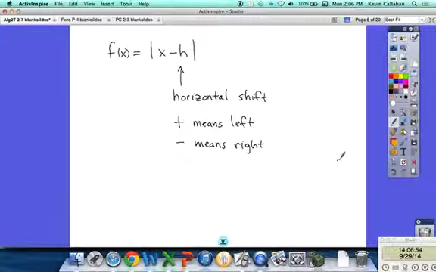Now, if you notice, the way I've written it here, it could get confusing in terms of the sign. But look at the one that we just did. f of x equals the absolute value of x plus 2. If I said, based on this thing here, what is the value of h? Okay, well, remember, there's a minus right there.